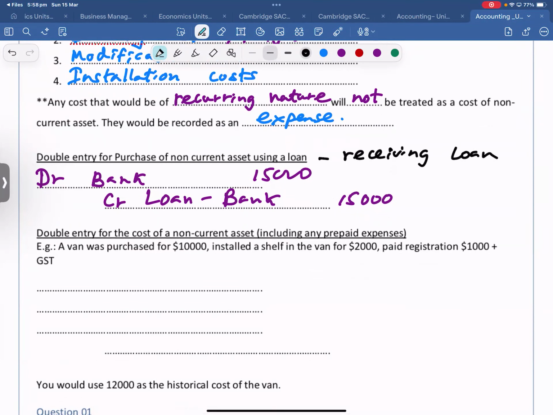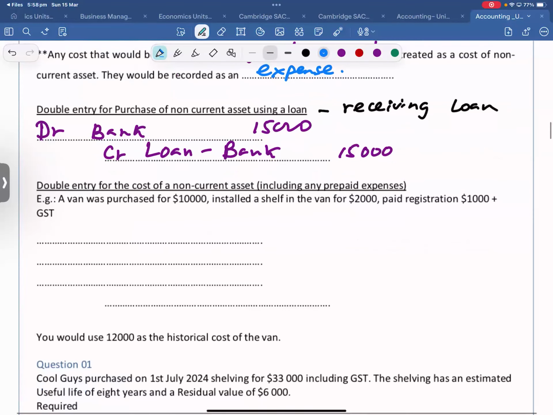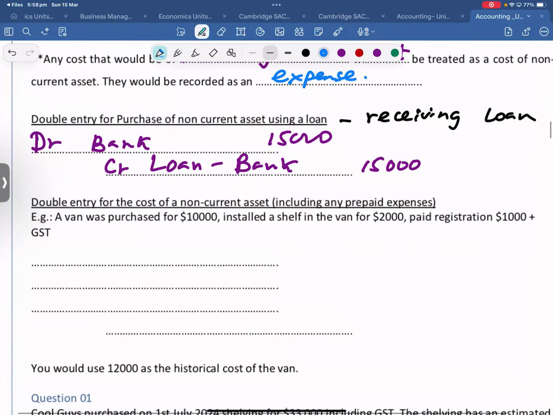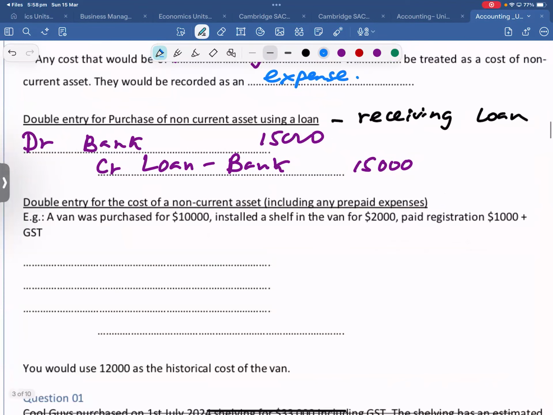Right. Then what's the double entry for the purchase of, let's say in this case, guys, a van? You debit the van. How much? 12,000.